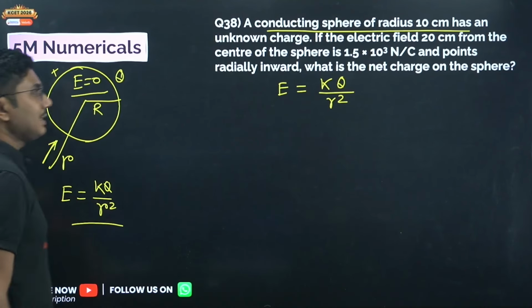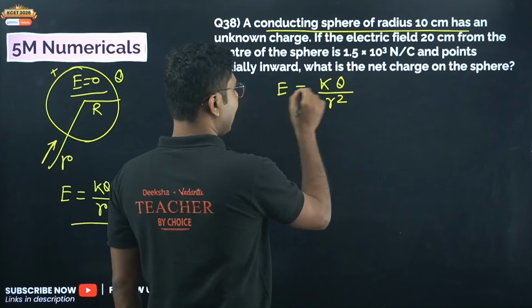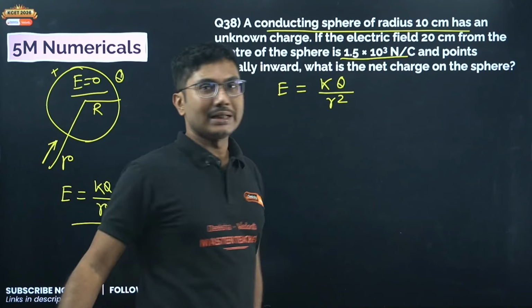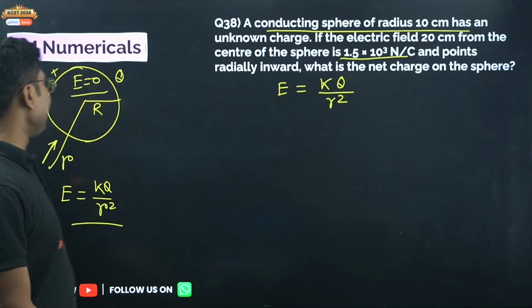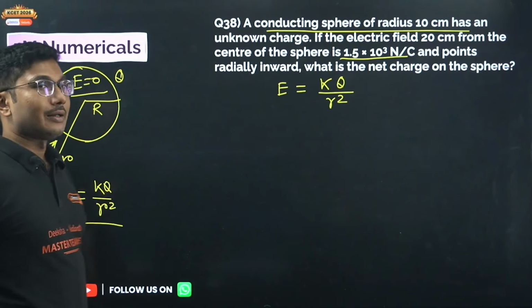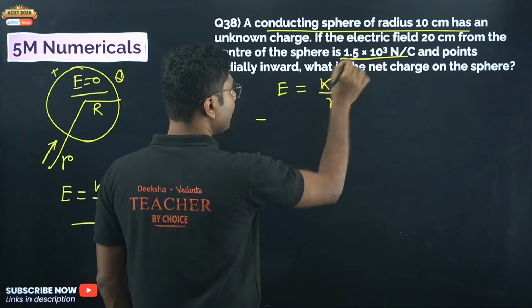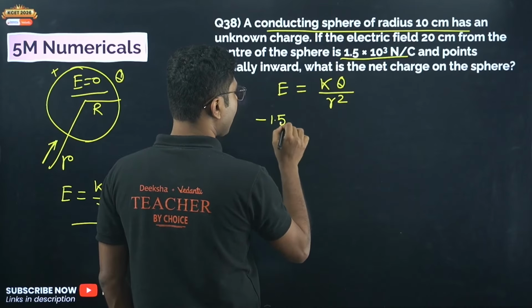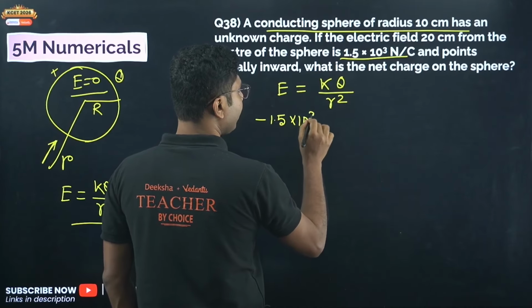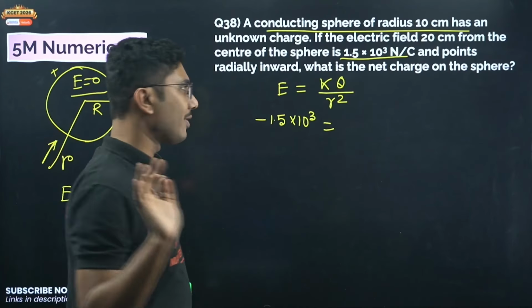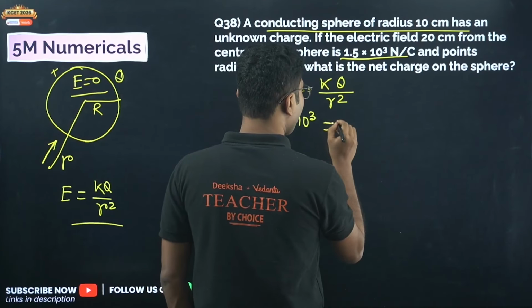Radially inward means the electric field must be negative, so this value you have to take as minus. Radially inward means obviously the charge is negative, that's why it is negative. So we will use minus 1.5 × 10^3. We will not use any negative sign in these unknown values. Okay, they will come automatically.